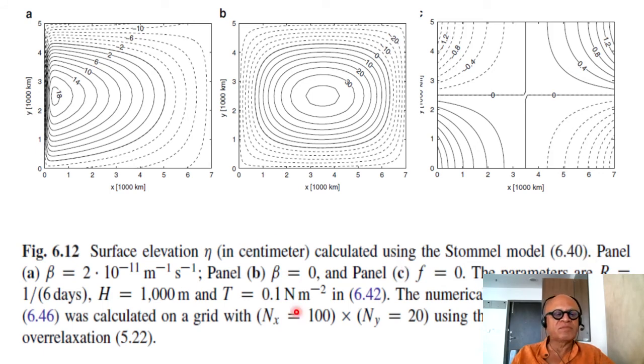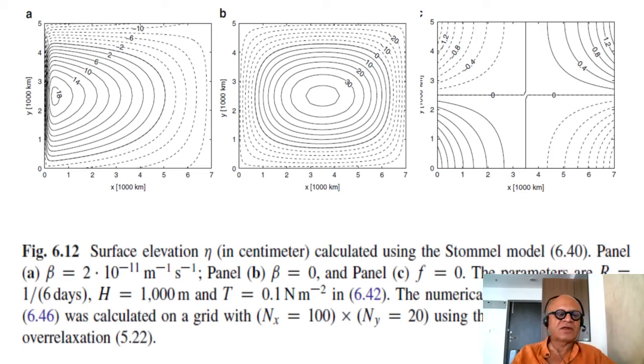Using the Stommel model, this panel is for beta equal to 0, so the f-plane, and when you set f equal to 0 so that there is no rotation, you still have wind forcing in the flat-bottom rectangular basin.